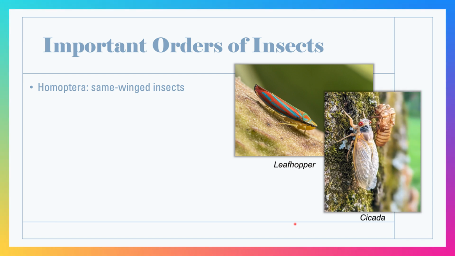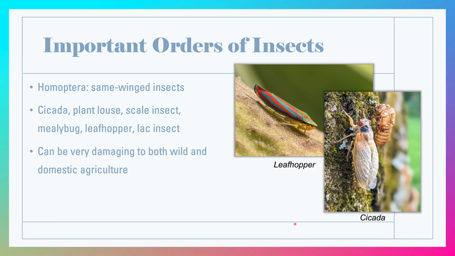Homoptera, homo meaning same, so same-winged insects. This includes the cicada, the plant louse, the scale insect, mealybug, leafhopper, and lac insect. You can see some examples, the leafhopper on the left and the cicada on the right of those two pictures.